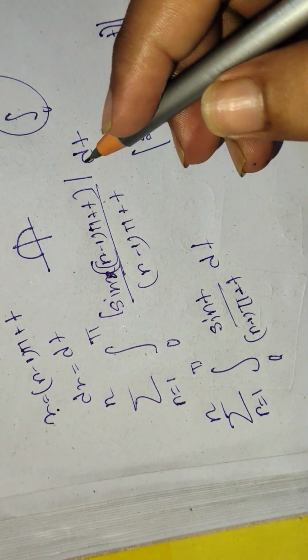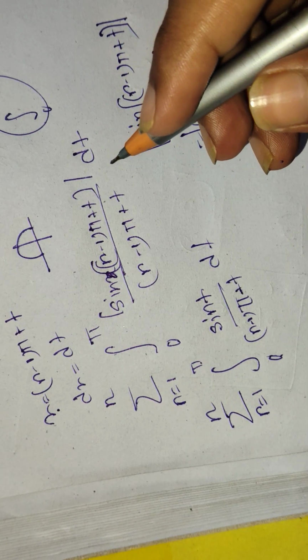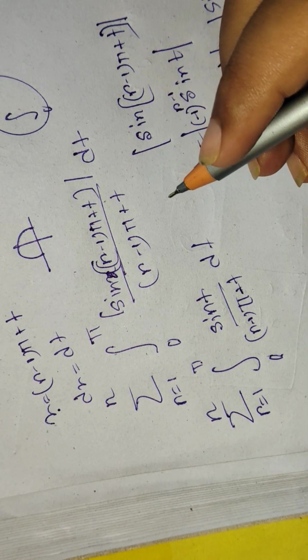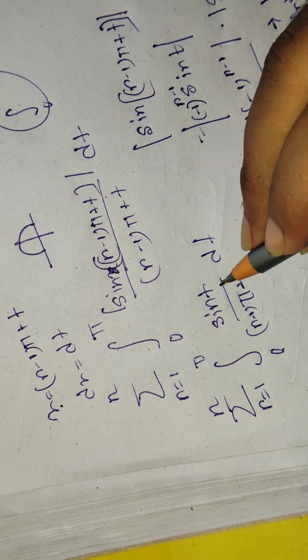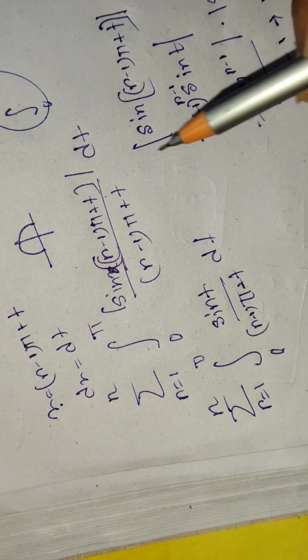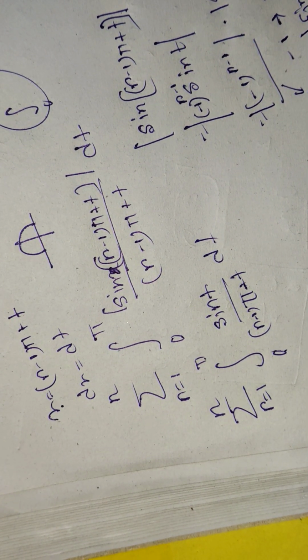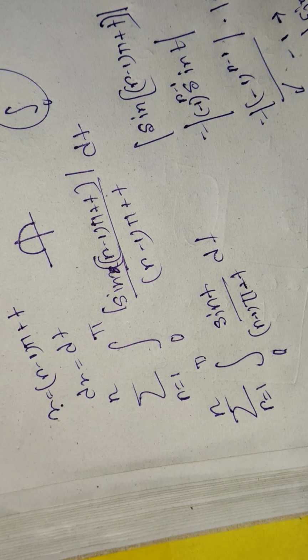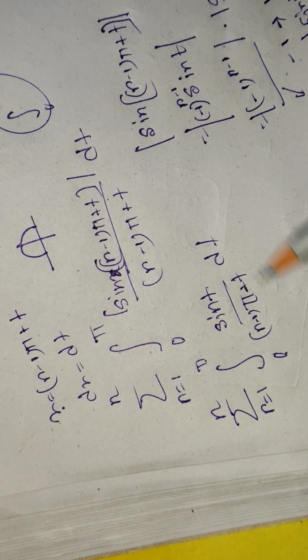In the second quadrant, sine is always positive, so we can neglect the mod. And in the first quadrant, definitely all trigonometric functions like sine, tan, cos will be positive, so we can neglect the mod, right?